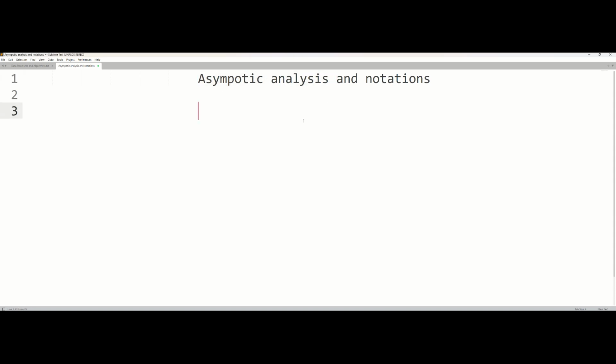Whenever you have an equation, say 3n cube plus 4n. Pardon me, this is actually n cube, not n3.